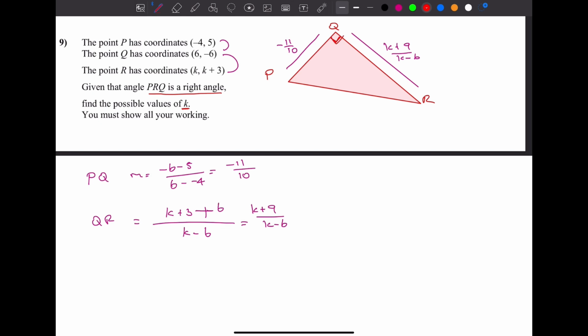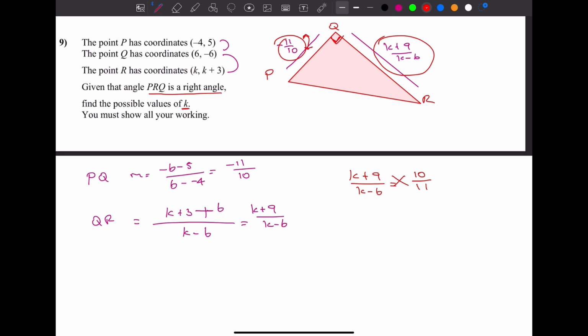So how do we do the perpendicular one? Let's say K plus 9 over K minus 6 equals, I switch this fraction around and I change the sign. It's not going to be negative anymore, it's going to be positive. Not 11 over 10, 10 over 11. And then I just have to solve it.